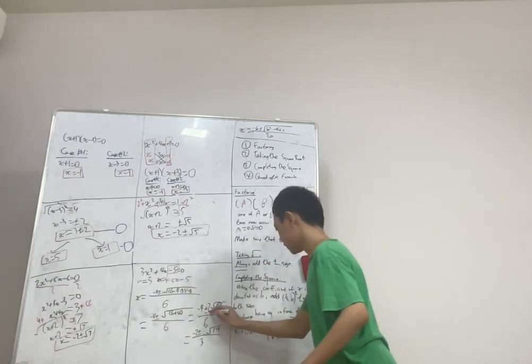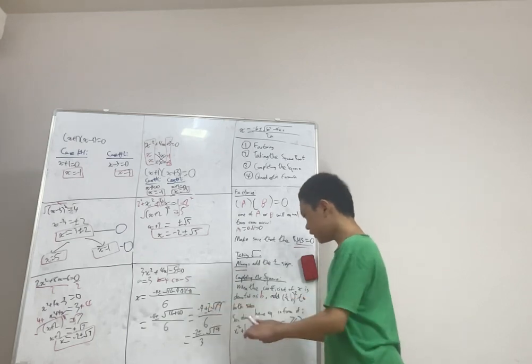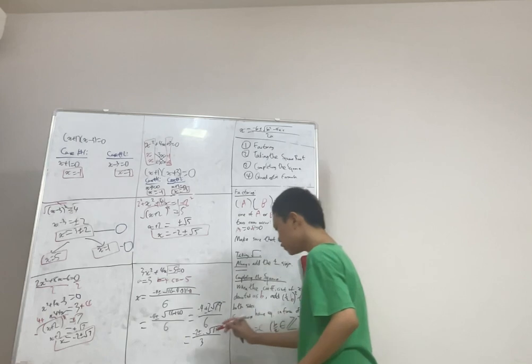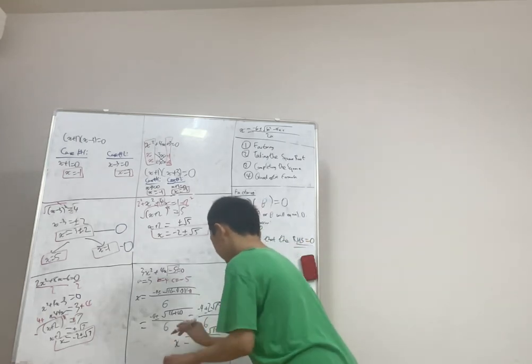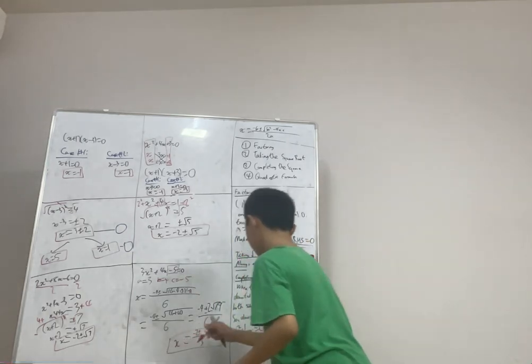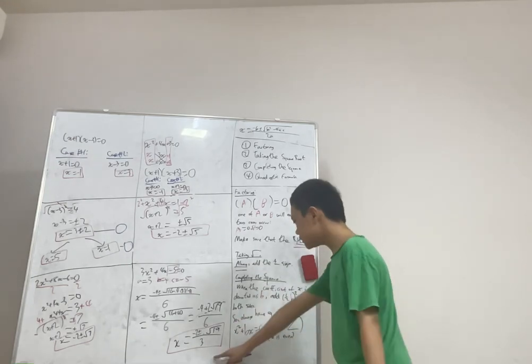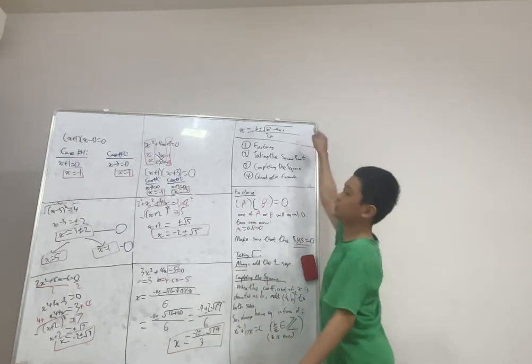That's everything done. Because this is even, so these two cancel out. So obviously the final answer for x is negative 2 plus or minus root 19 all over 3. This is using the quadratic formula, which is that.